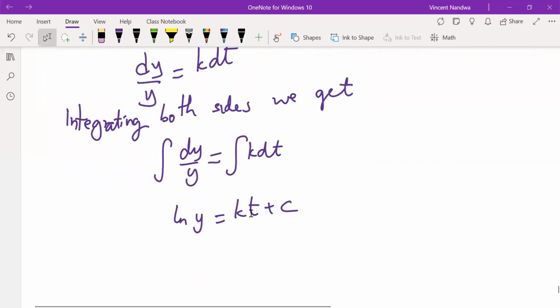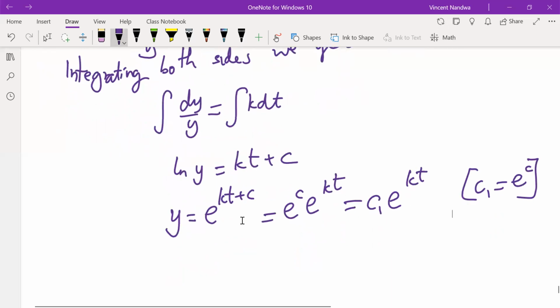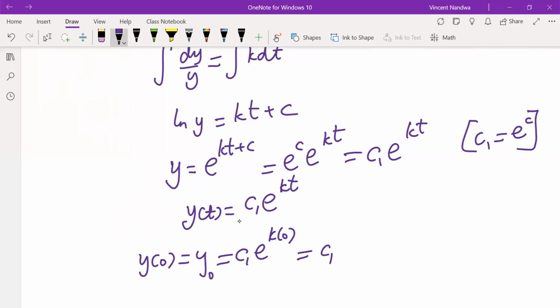And now exponentiating both sides, y will be e raised power kt plus c, which is e raised power c, e raised power kt by laws of indices, which is C1 e raised power kt. C1 is e raised power c. So that y of t is given by C1 e raised power kt. But when t is 0, we get y naught, which will be C1 e raised power k times 0, which is just C1.